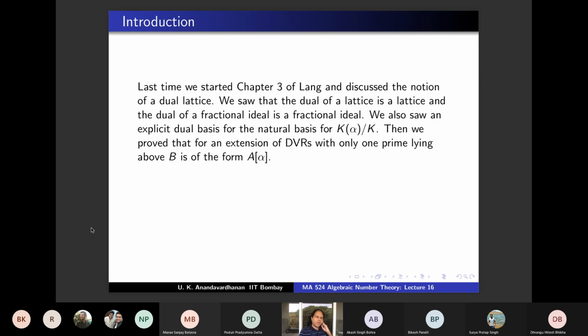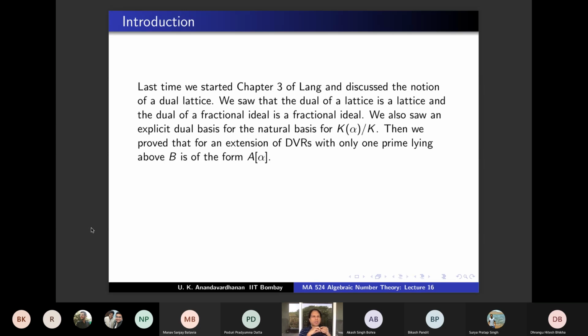If you recall, in chapter 1 itself, using Nakayama, we have shown that B is generated over A by two elements, beta and pi, where beta is a generator of the residue field extension, which we are assuming is separable, and a lift of that.